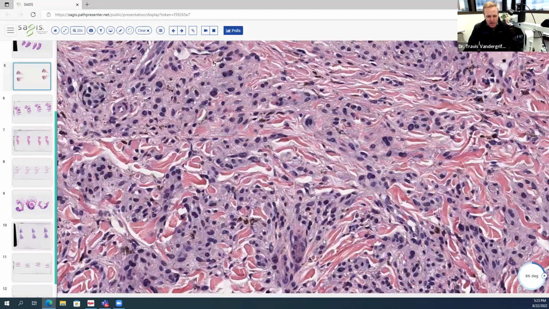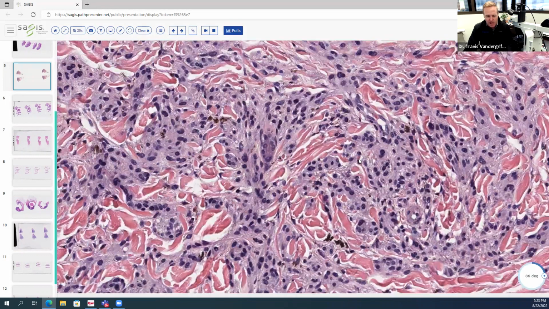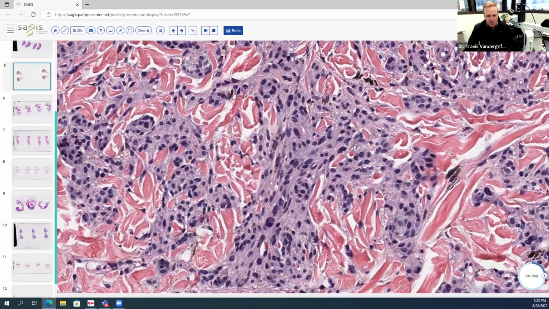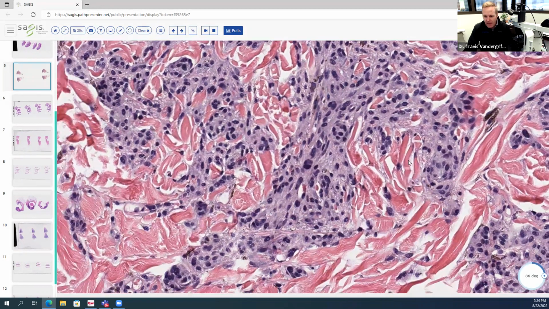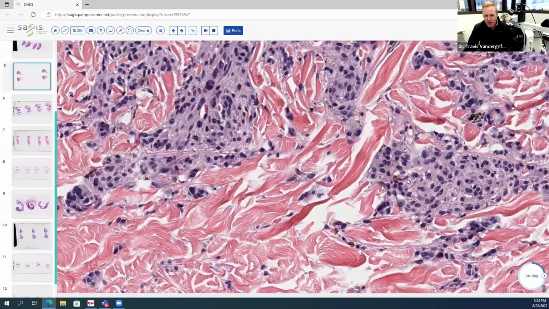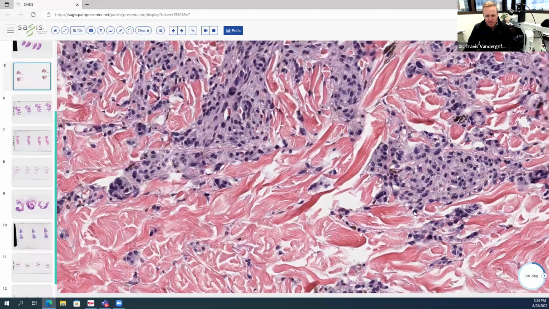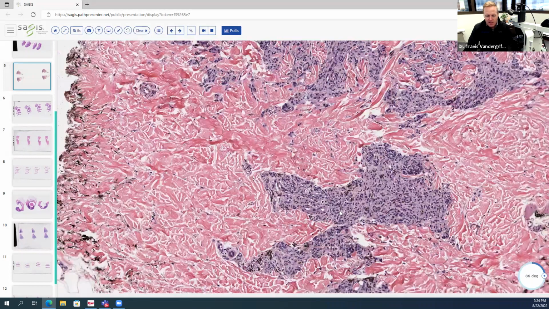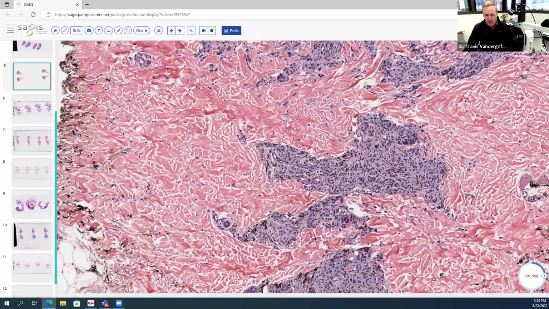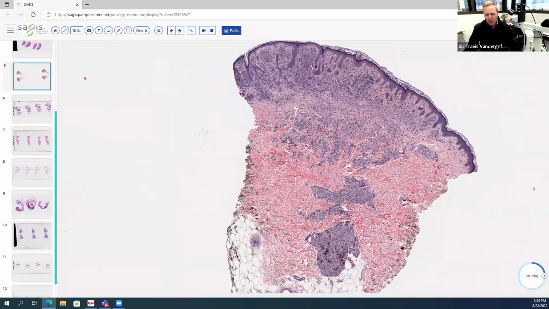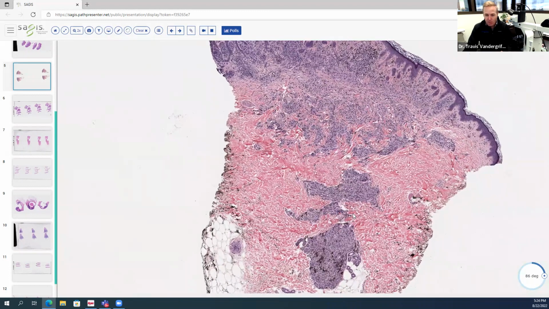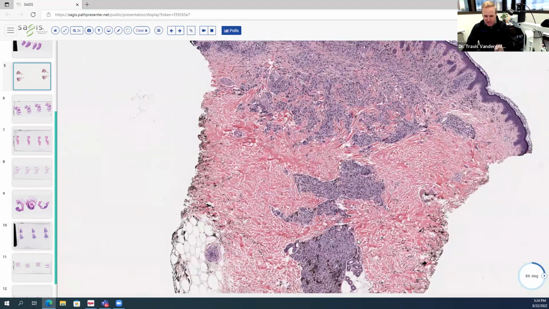Notice also that as we go deeper, the cytoplasm of the melanocytes turns into a little bit of a gray and foamy texture. And there's a lot of melanin pigment surrounding these. This is a deep penetrating nevus. And a deep penetrating nevus, I think of as being, in a way, pretty similar to a blue nevus, because the melanocytes in a deep penetrating nevus are present in the deep part of the reticular dermis.